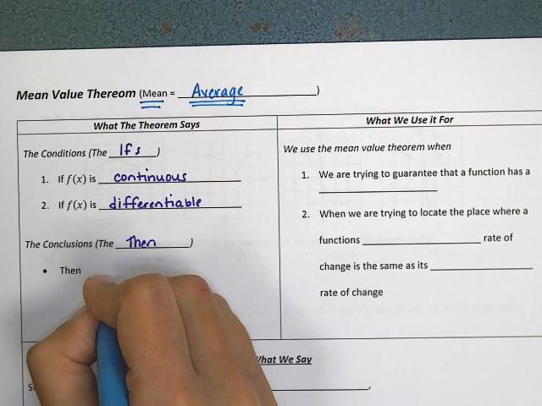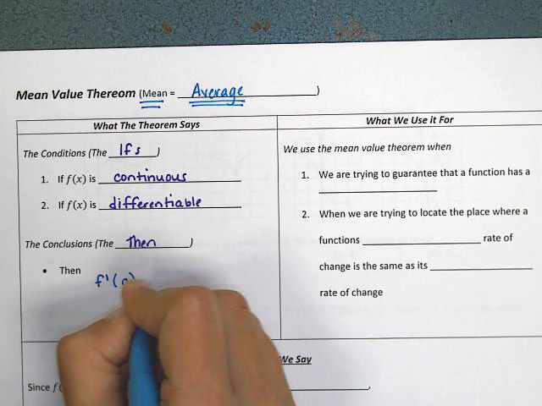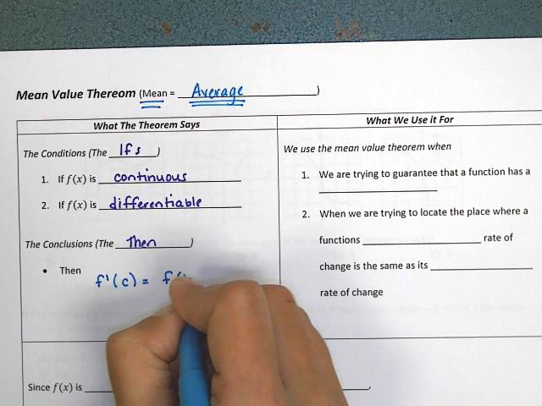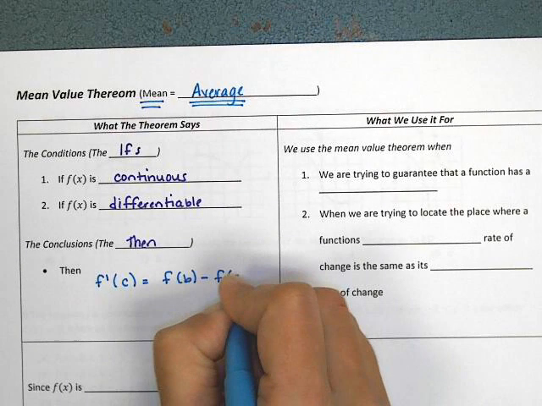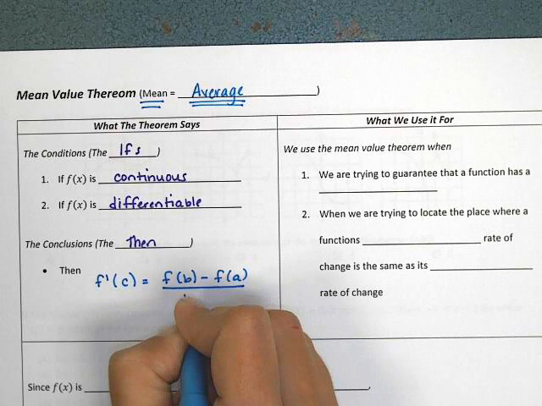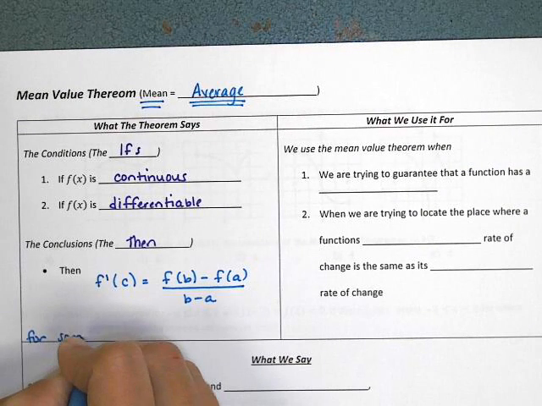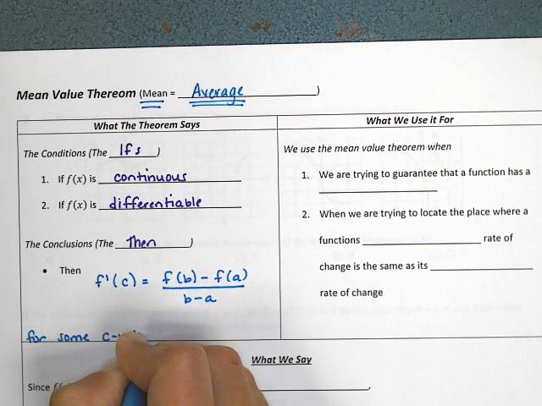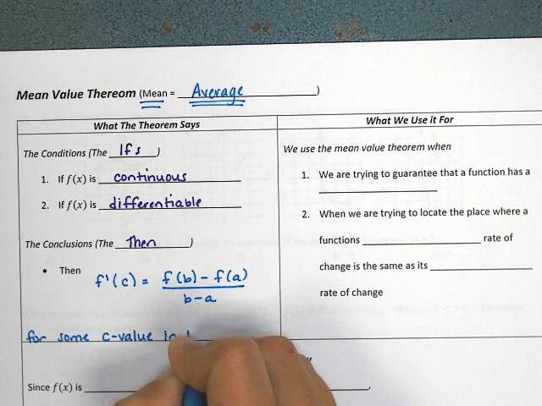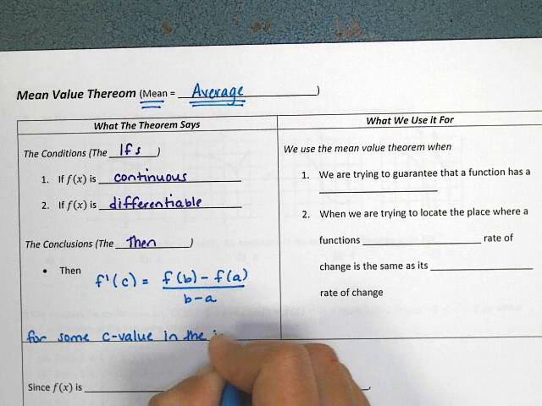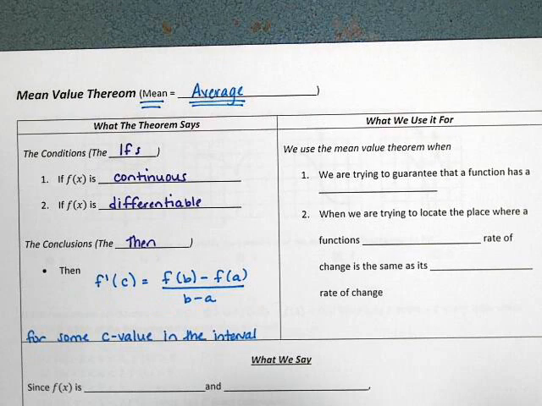Then f prime of c equals f of b minus f of a all over b minus a for some c value in the interval a to b.